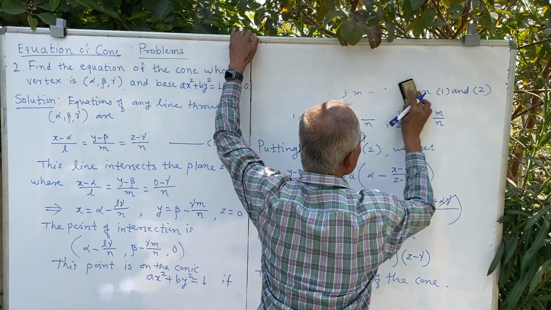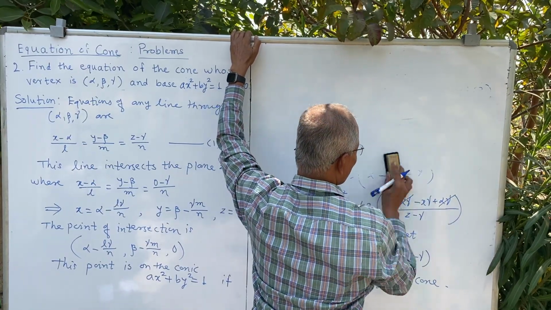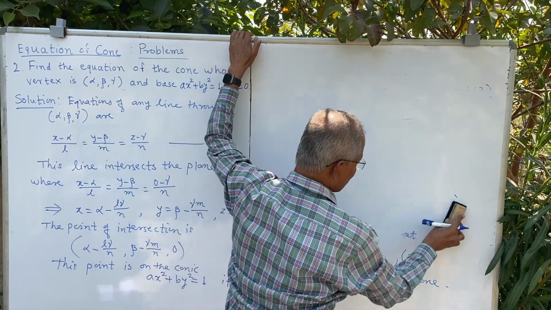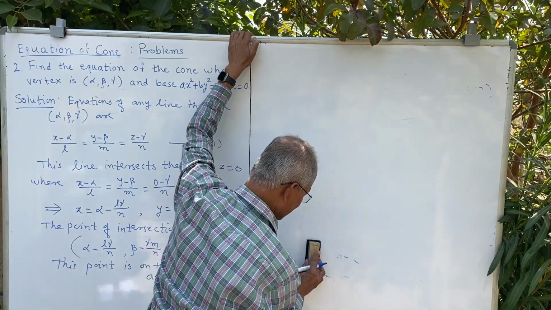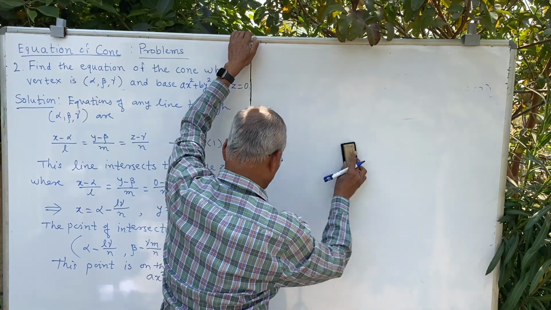So, in this conic, a into x square, now we shall have to put the coordinates of x, y, and z is already 0. Z is absent in the equation of the conic. It is a two dimensional conic, an ellipse.